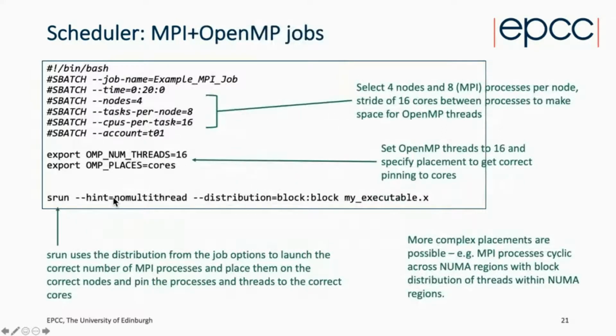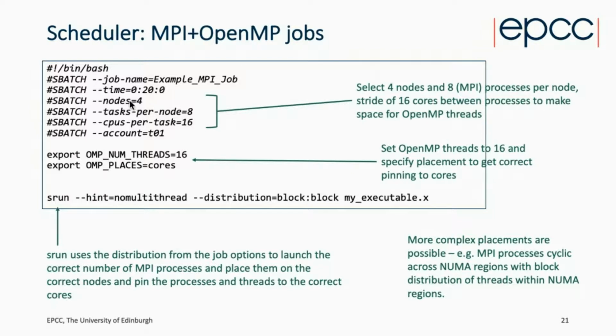Things get a bit more complicated if you want to do a hybrid type of job with MPI and OpenMP. This time we've got 4 nodes. We want to run 8 tasks per node, so that's 1 MPI rank per NUMA region, and then 16 threads per MPI rank, which matches onto the NUMA layout of ARCHER2 compute nodes.